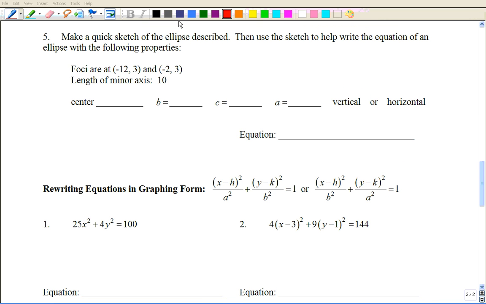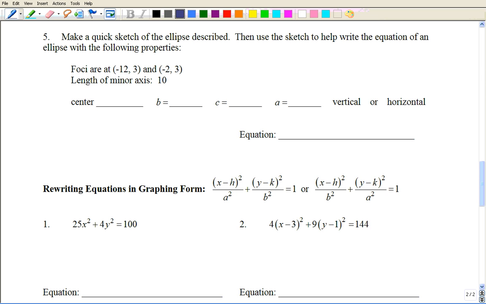Okay, number 5. We have foci at -12, 3 and -2, 3. We can figure out 2 things from that one piece of information, since we have 2 foci. We can figure out the center by using the midpoint formula. The center is going to be halfway between these two.